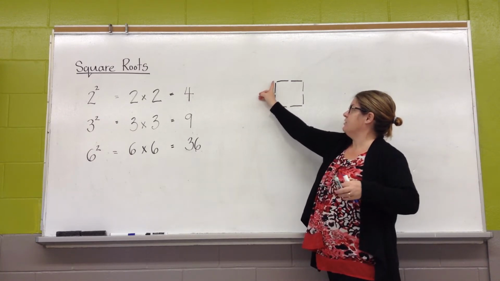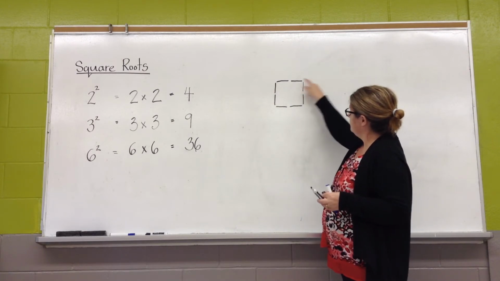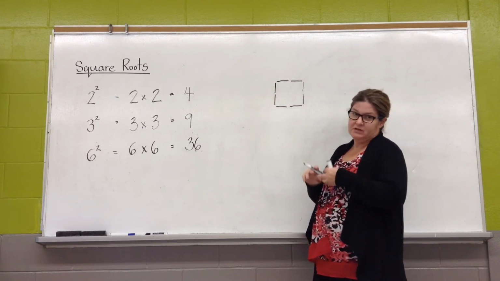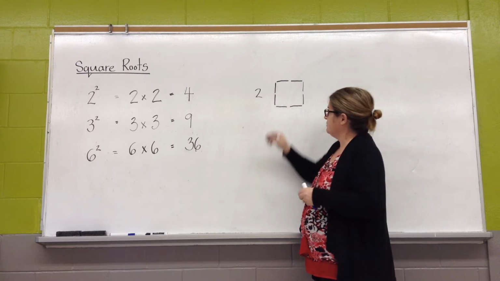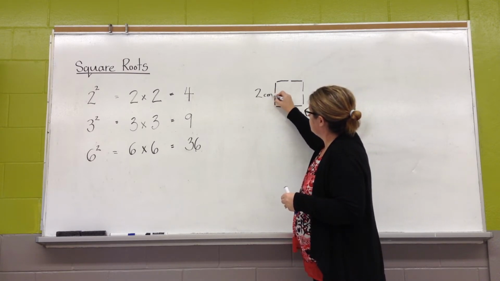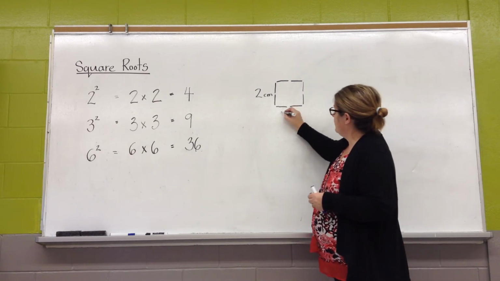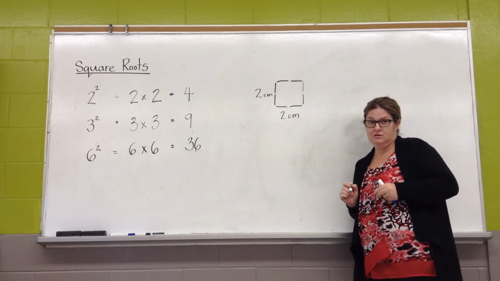We know that squares are the same length on all 4 sides. And so in this one, I've drawn 2 units. We could say those were centimeters. We could say those were meters. It doesn't really matter. And along the bottom here, the width of it is also illustrated to show us 2 centimeters.